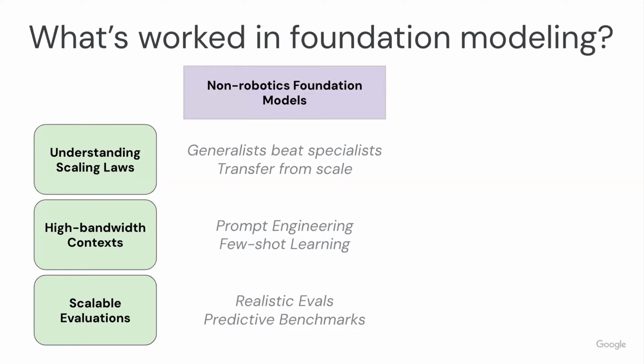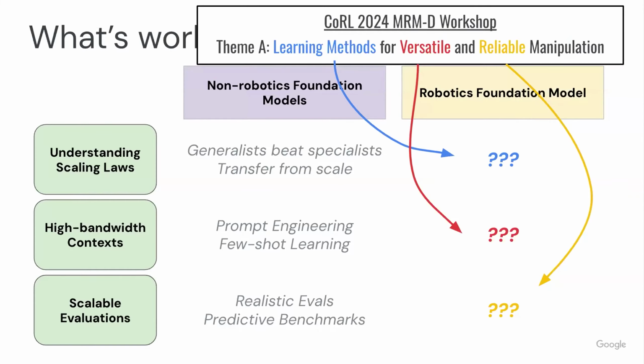And in robotics, I would argue that we don't necessarily know what these three pieces look like. The topic of the workshop, I was originally in the morning workshop where the theme was learning methods for versatile and reliable manipulation, maps quite well to these three pieces of foundation models that work.